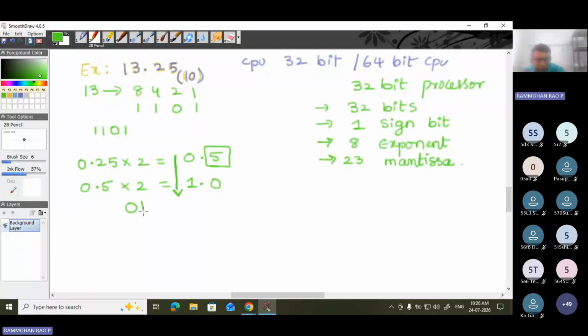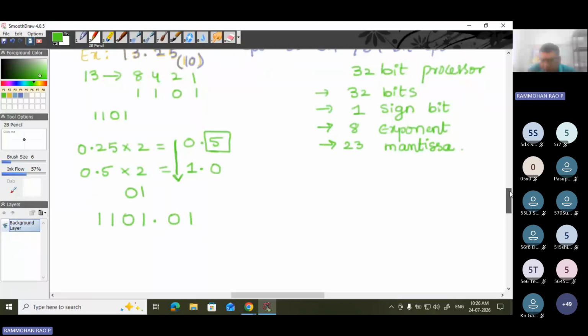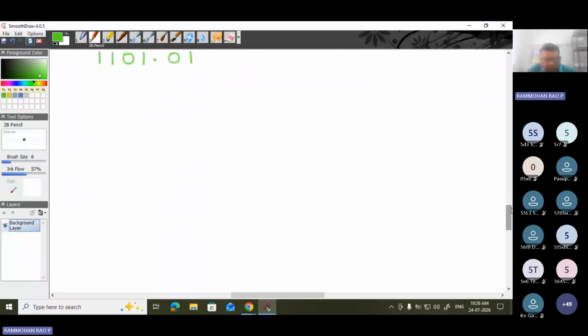The binary code of 13 is 1101, point, and the binary form of 0.25 is 01. This is how I convert a decimal number into binary. 1101 point 01 is the binary form of 13.25.